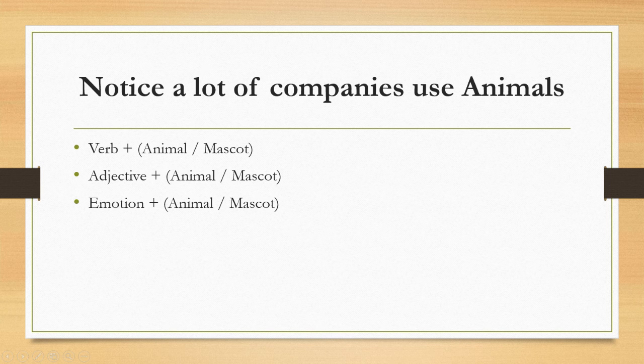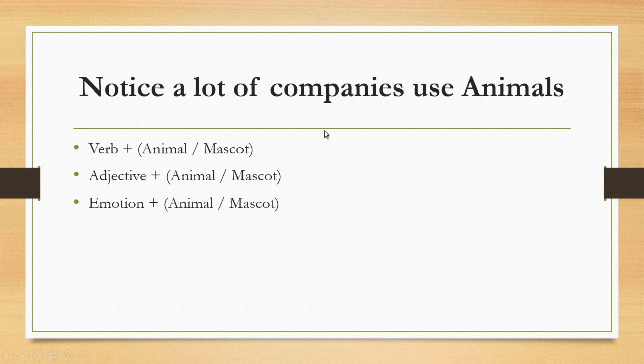Now, if you look around, you will notice that a lot of companies tend to use animals or mascots, like Firefox, for example. And there are many, many others where they like to use animals. You can use mascots if you want to, but for the most part, animals tend to be non-threatening, so that's a good thing.